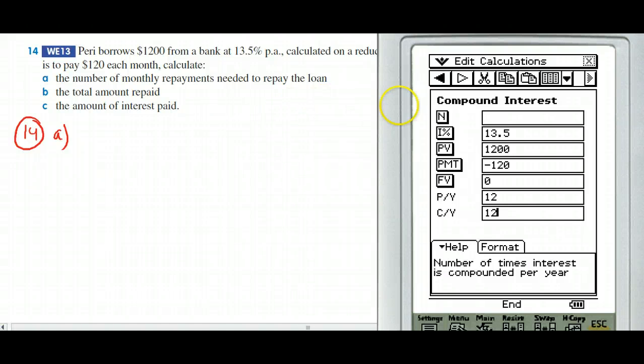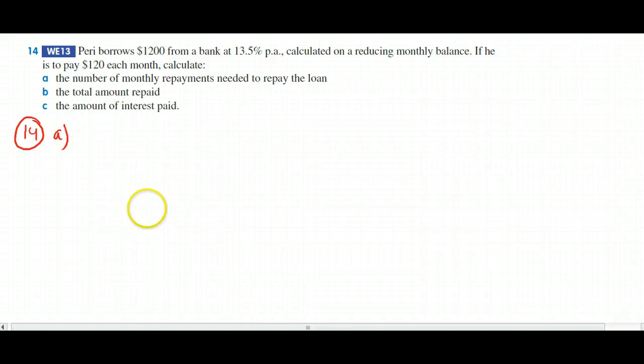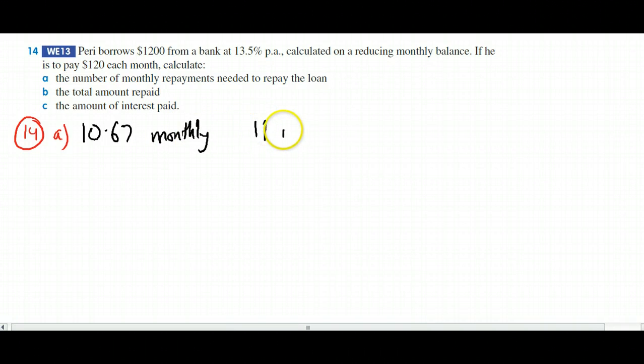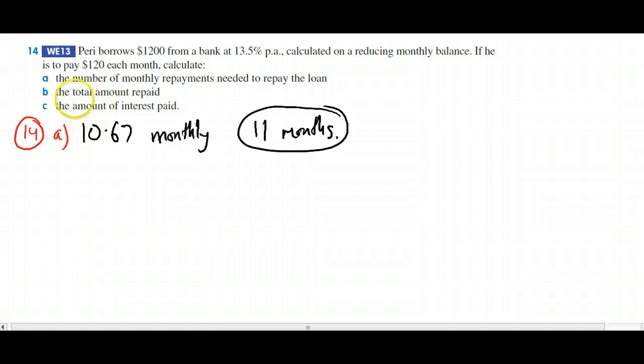Okay, once we've filled in all those values from the question, then we can calculate N, the number of installment periods, 10.67 monthly repayments. If we're rounding it off, we could say we're going to need 11 months in the end to pay it all off.